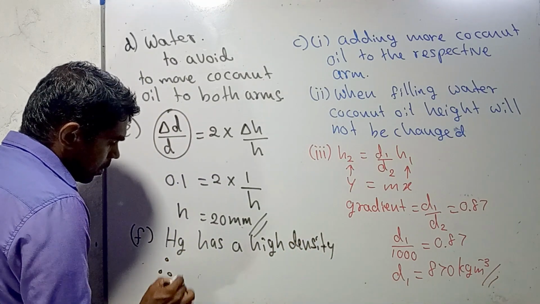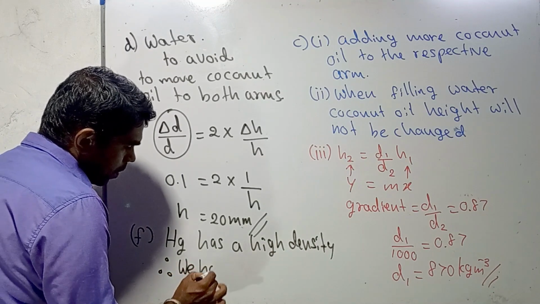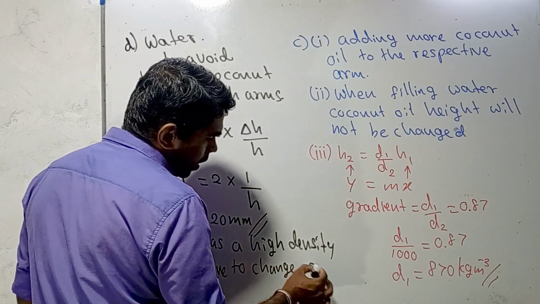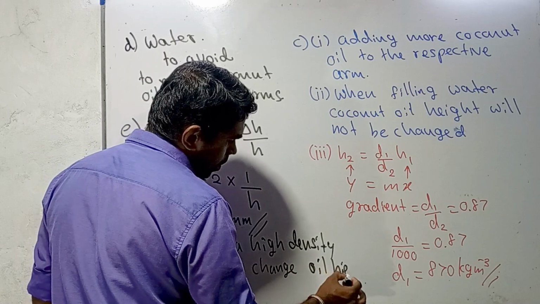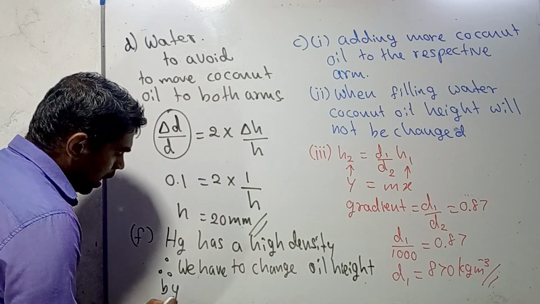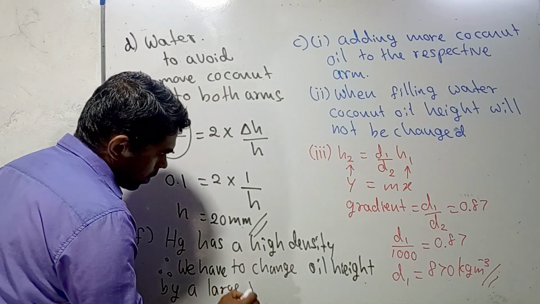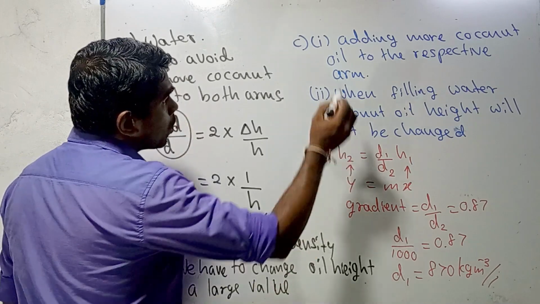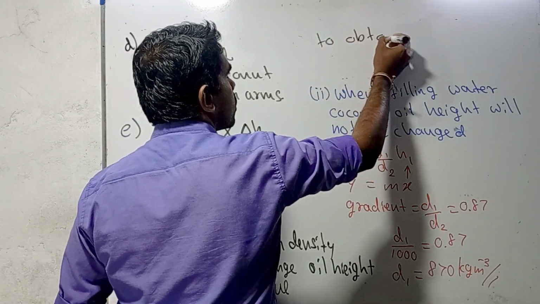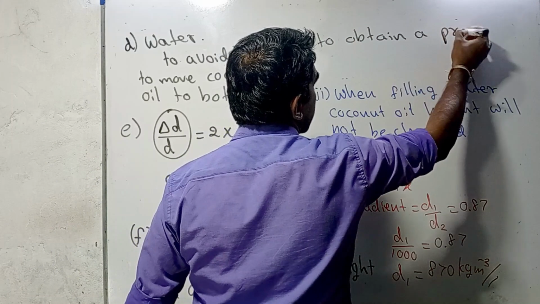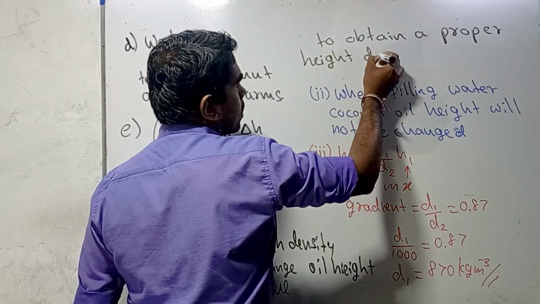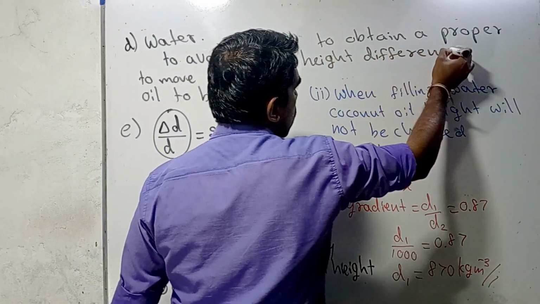Therefore, we have to change the oil height by a large value to obtain a proper height difference of mercury.